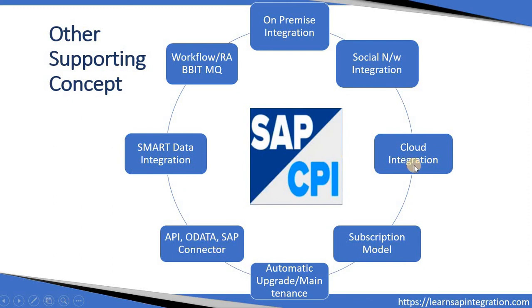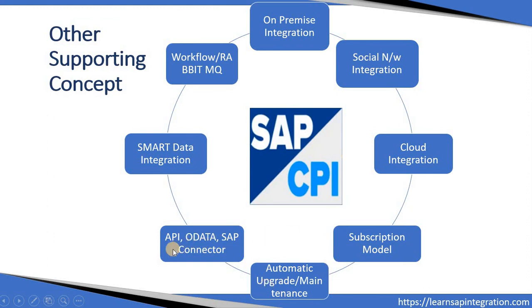Then cloud integration is available between multiple cloud applications. Another one is the subscription model. Whatever you use, you have to pay for it, unlike PO, which is an annual maintenance model. Then automatic upgrade and maintenance is taken care of by SAP. So no need to worry about scaling, updates, or bug fixes. No need to worry from our side.